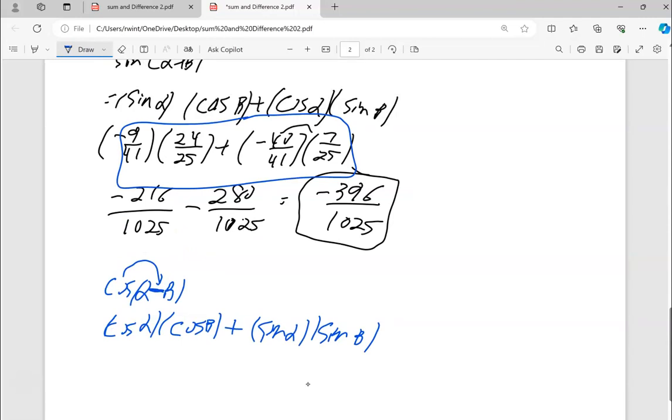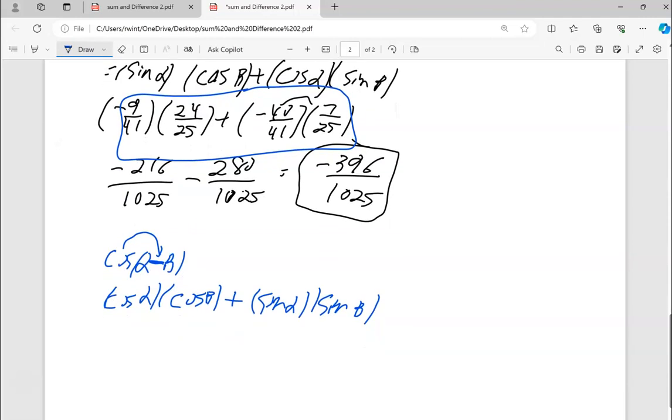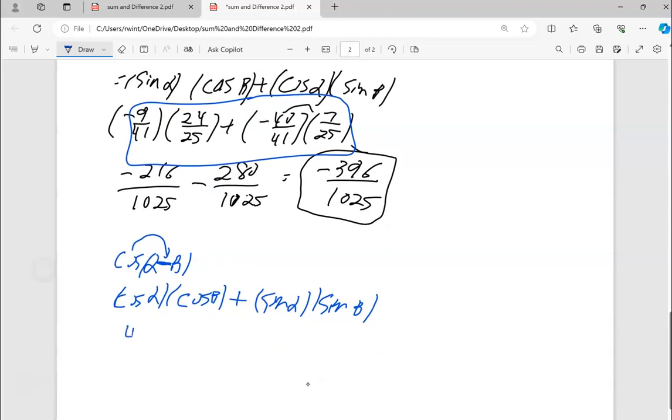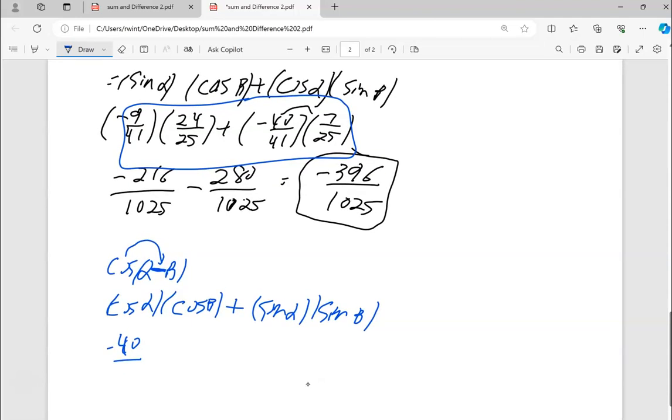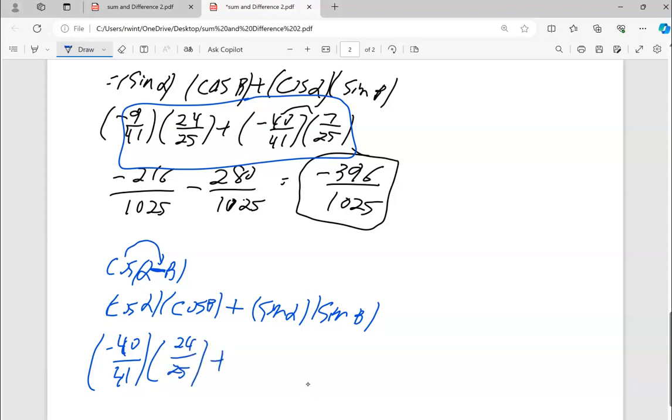Cosine alpha, we had negative 40 over 41, times cosine of B, which was 24 over 25, plus sine A was negative 9 over 41, and sine B right here was 7 over 25.